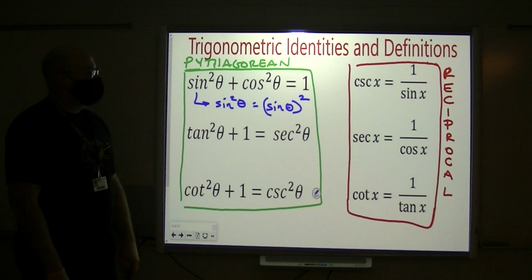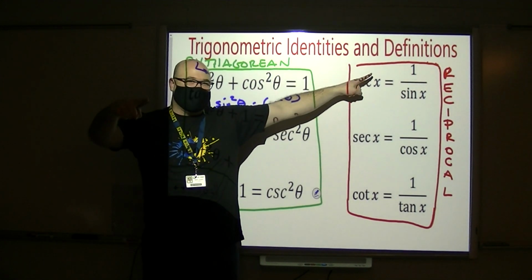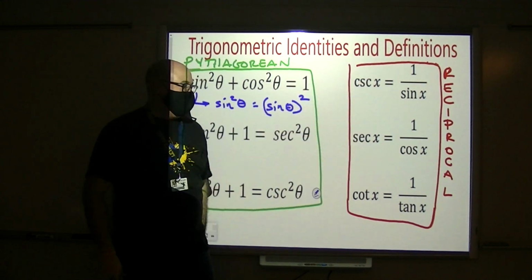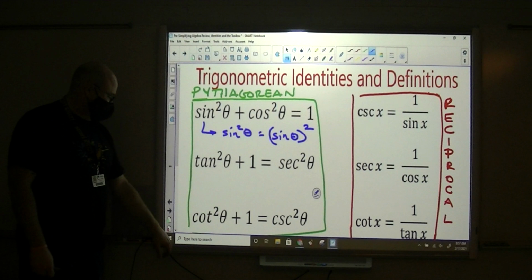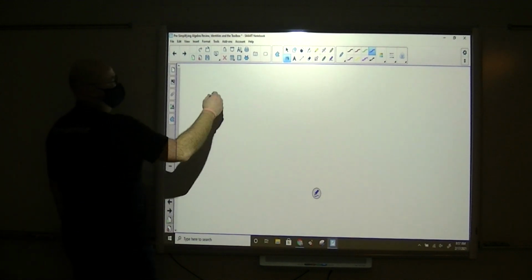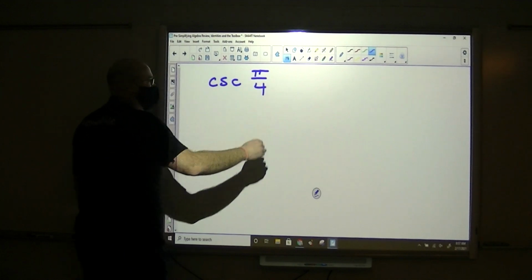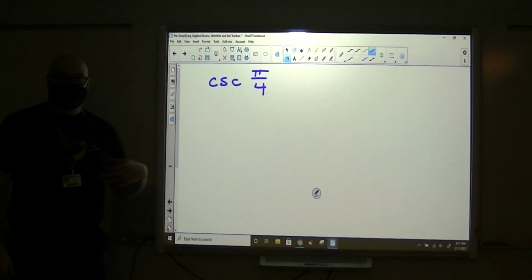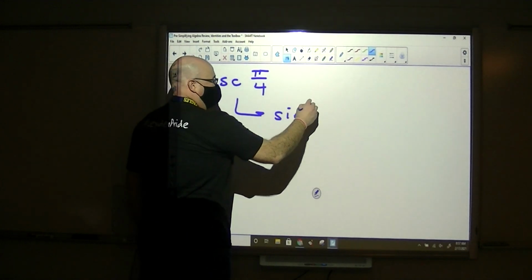We've said this before: when you see cosecant, you should be thinking sine. What that meant before was, when I asked you for the cosecant of pi over 4, I used to say don't think about this, think about this.